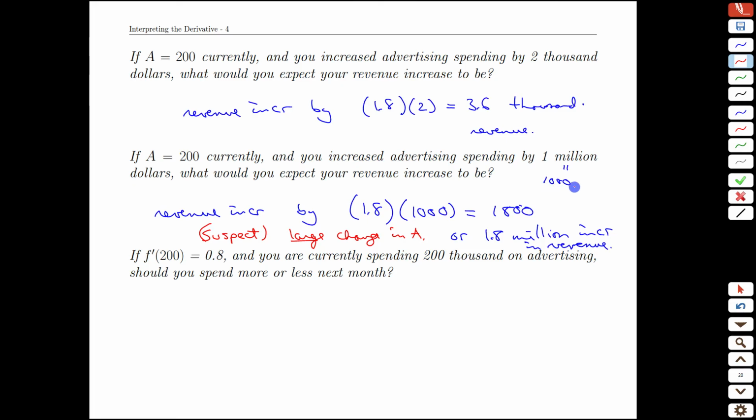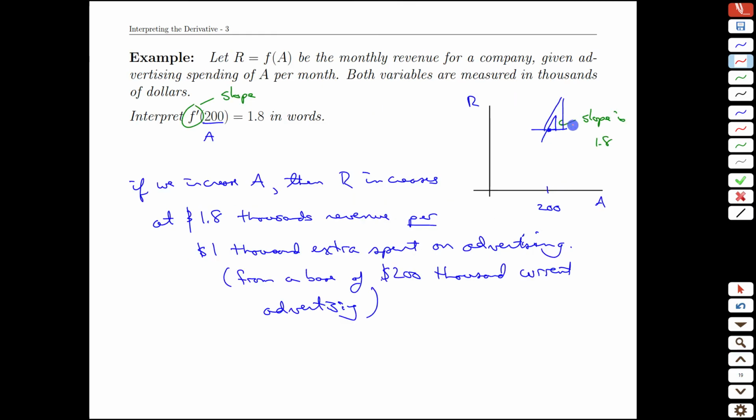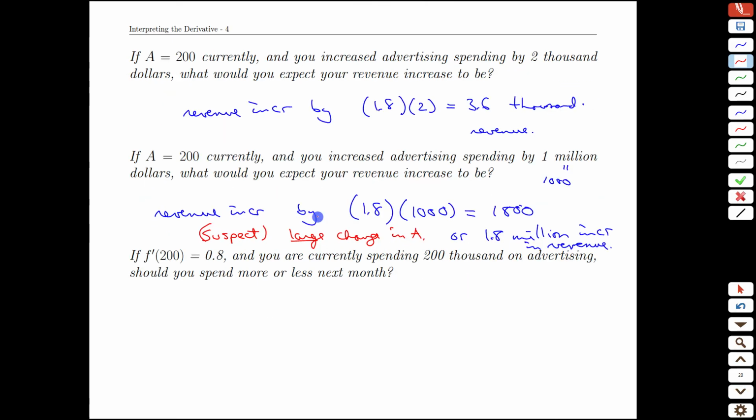Now we're going to spend actually 5 times or 6 times that total by the time we're done. That is a massive change. Going back to our graph, we would be moving from this point to a point way out here. There's no reason we'd expect the slope to be the same. So again, we can use these models to predict, but we get more and more suspicious about the quality of those predictions the further we get away from the value that we started at.